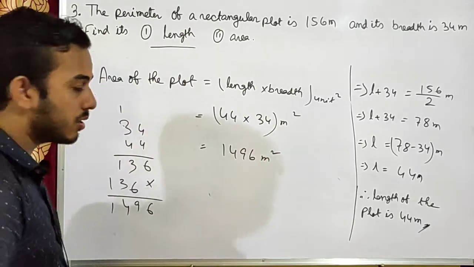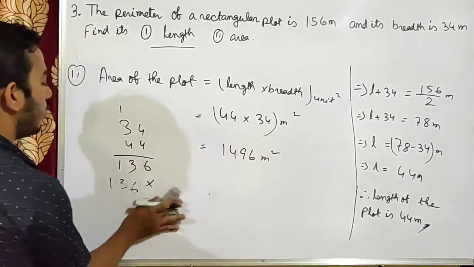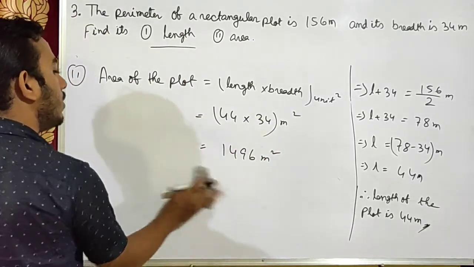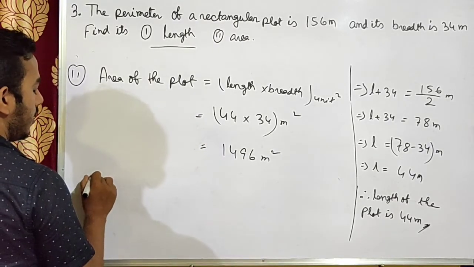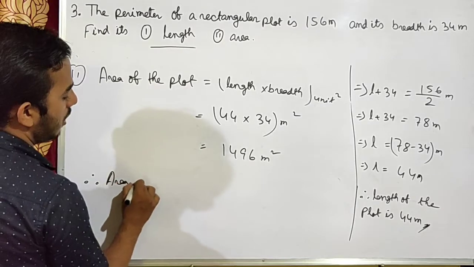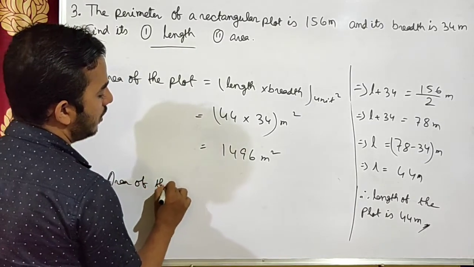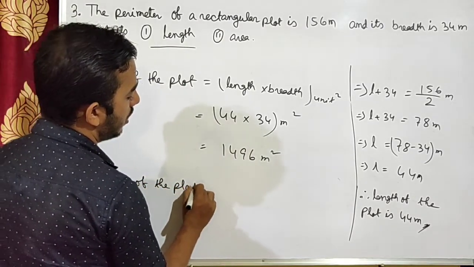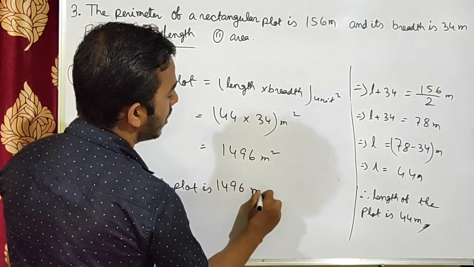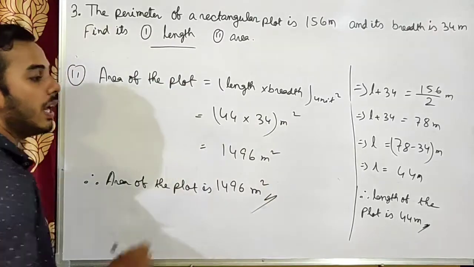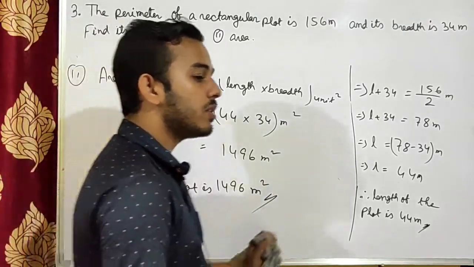Clear? So the last conclusion line was right. Therefore, area of the plot is 1496 meter square.